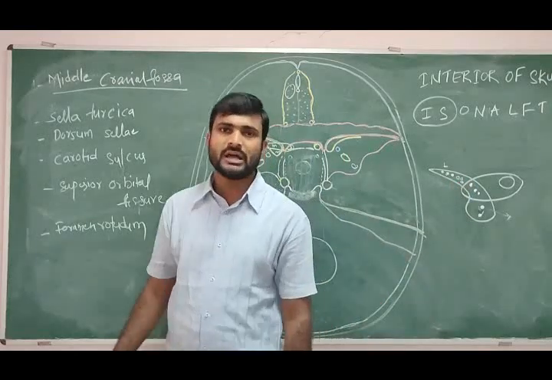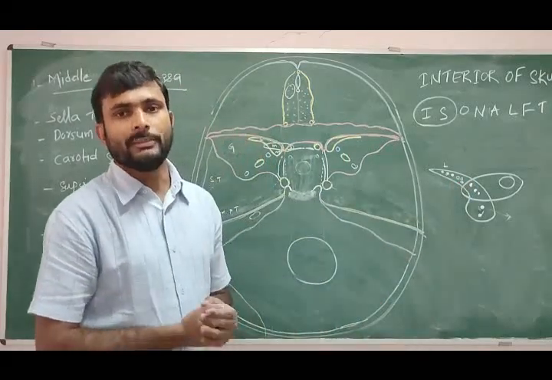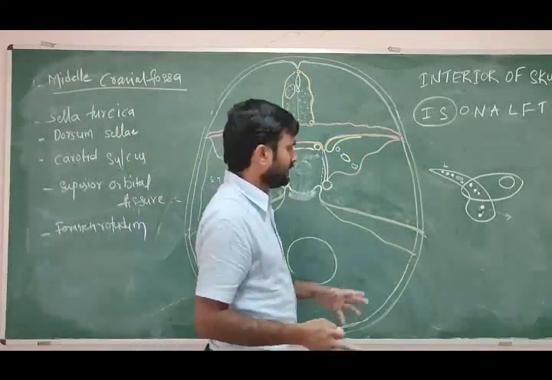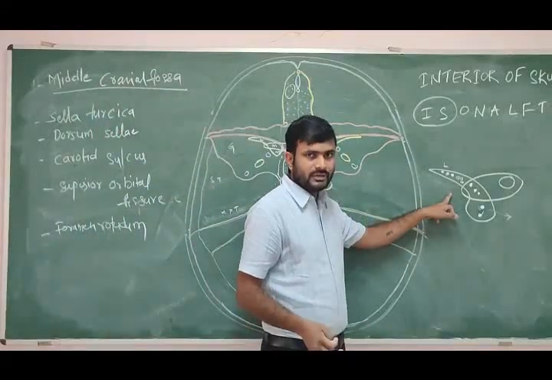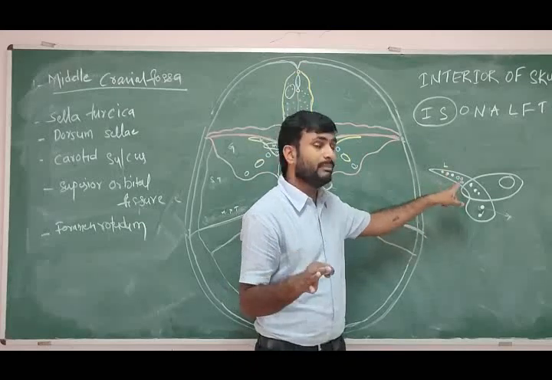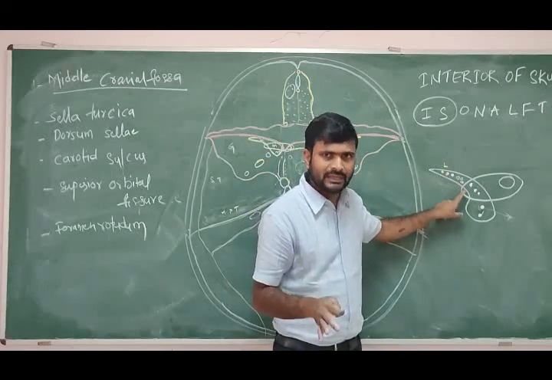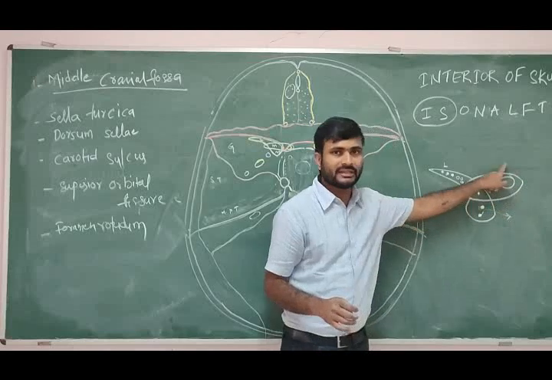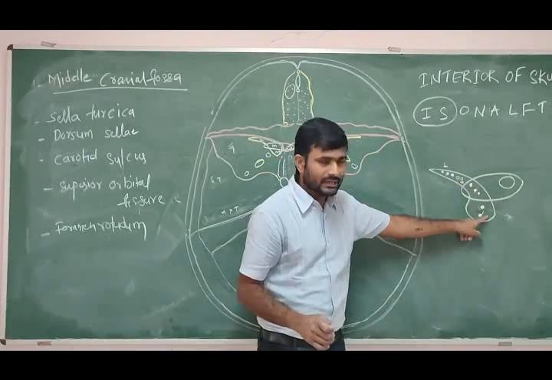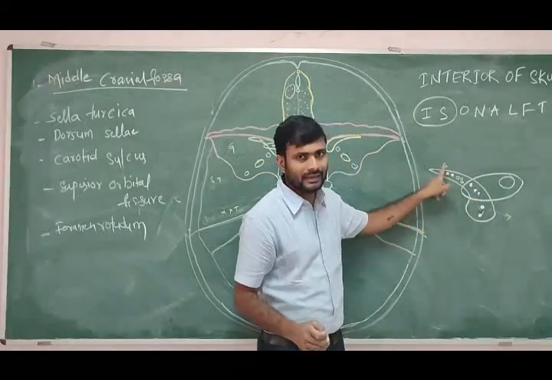All these structures pass through the superior orbital fissure. Again I repeat: the superior orbital fissure is divided into three parts by the one common tendinous ring. That ring also encircles the optic canal. This is the medial part, middle part, and the lateral part.